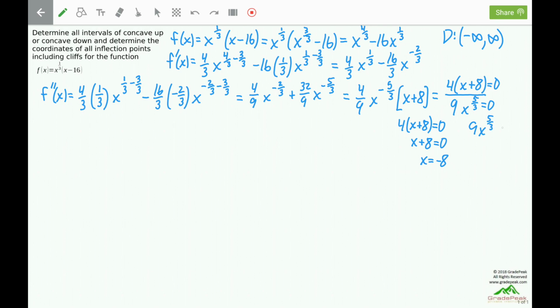Now working with the denominator, 9x to the 5/3 equals 0. We can divide both sides by 9. x to the 5/3, 0 divided by 9 is still 0. And now raise both sides to the reciprocal of 5/3, which is 3/5 power.